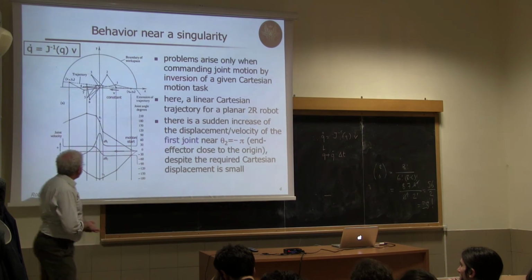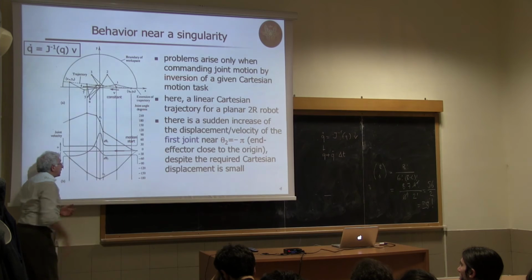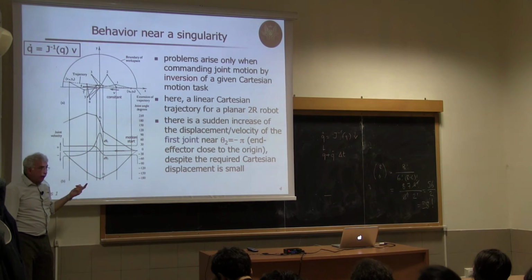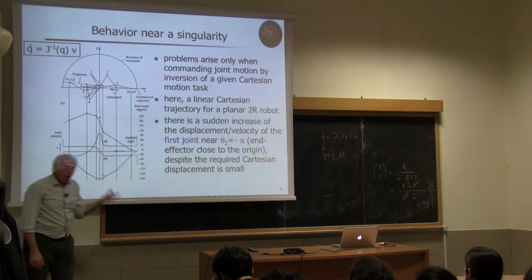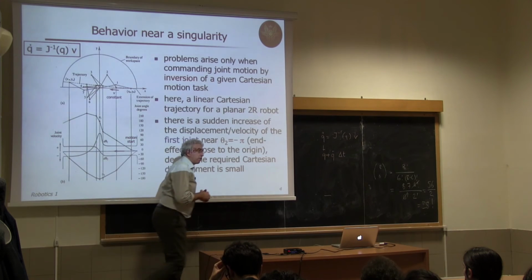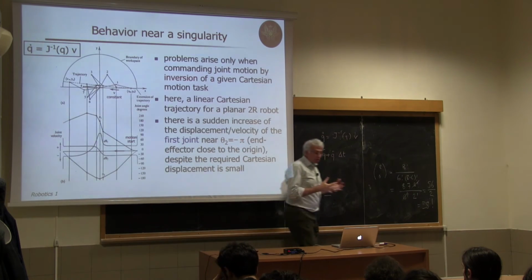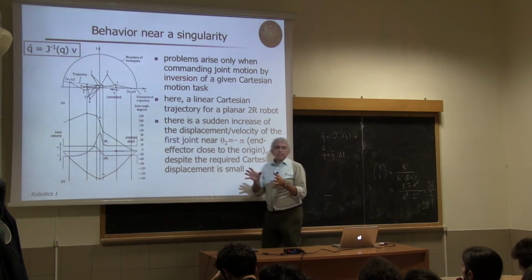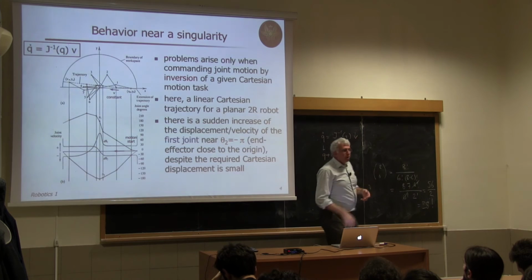For small increments, large variation of θ1 associated to this singularity. Okay, so in fact, if you divide it by time, you have a peak of velocity, in this case of joint 1, because you're getting close. How close? Well, I cannot tell from this picture, to the singularity. Okay, so this is shown in this result. So my idea was, okay, I take this example and I work it out numerically.